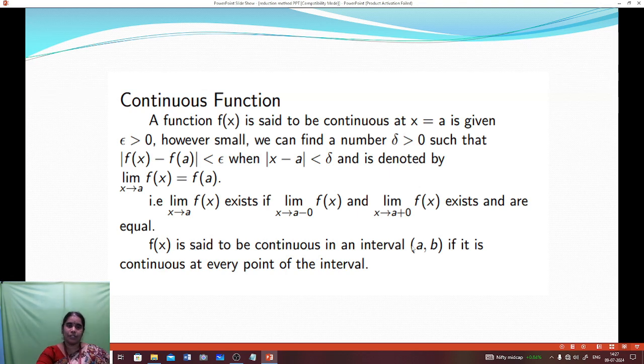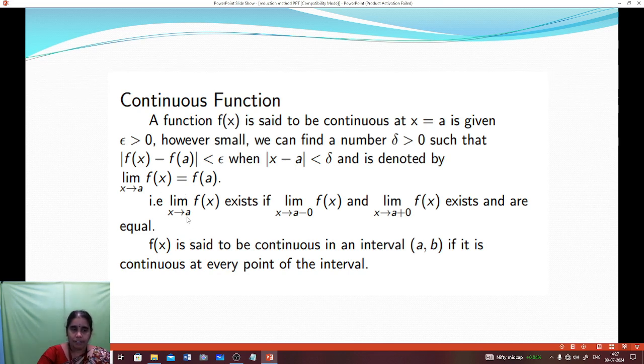Next definition is the continuous function. A function f of x is said to be continuous at x is equal to a if, given epsilon greater than 0, however small it may be, we can find a number delta greater than 0 such that modulus of f of x minus f of a is less than epsilon. The continuous function definition is denoted by limit x tends to a of f of x is equal to f of a.